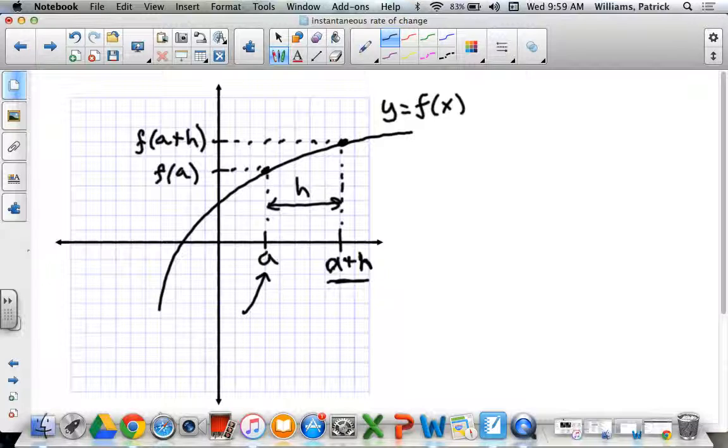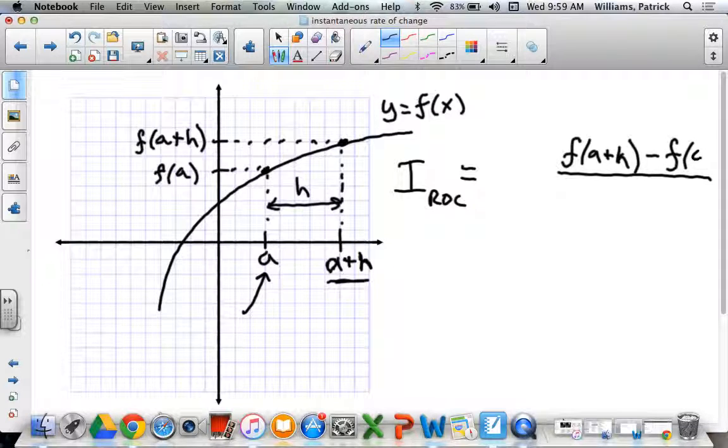All right, so if we're going to look at rise over run and we want to calculate the instantaneous rate of change at that point, rise over run is simply going to be this. Our rise is going to be the difference in our y values, so that'll be f of a plus h minus f of a.